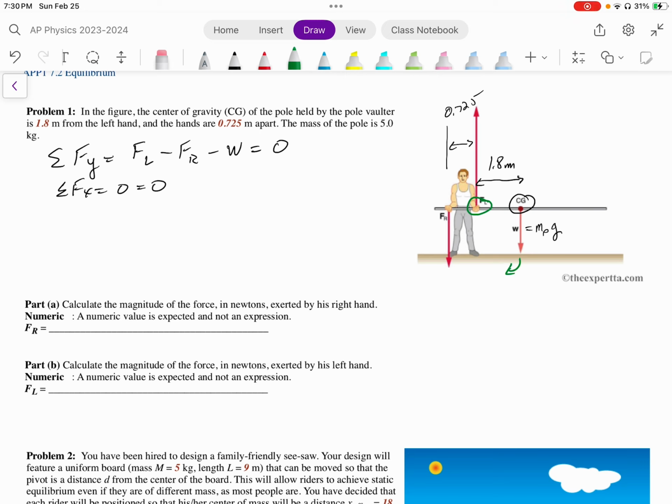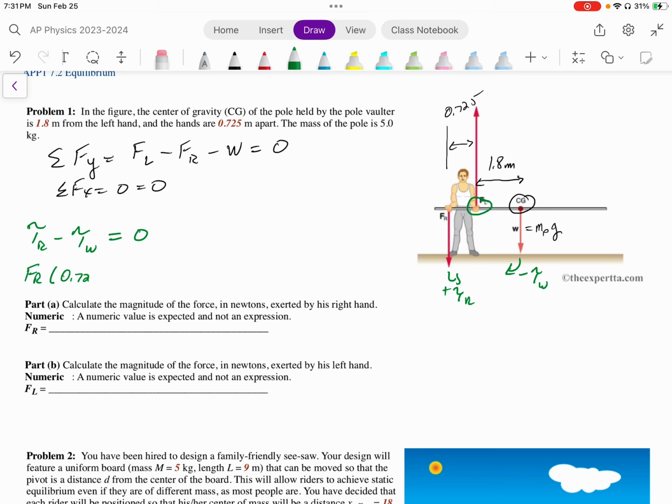This causes a negative torque. This causes a positive torque. I'll call that torque R, torque W. And so I know that the torque from his right hand subtracted by the torque from the weight of the pole about that axis of rotation that we picked is equal to 0. Now I'll expand the torque equations. So I have force from the right hand times the distance from that axis of rotation.